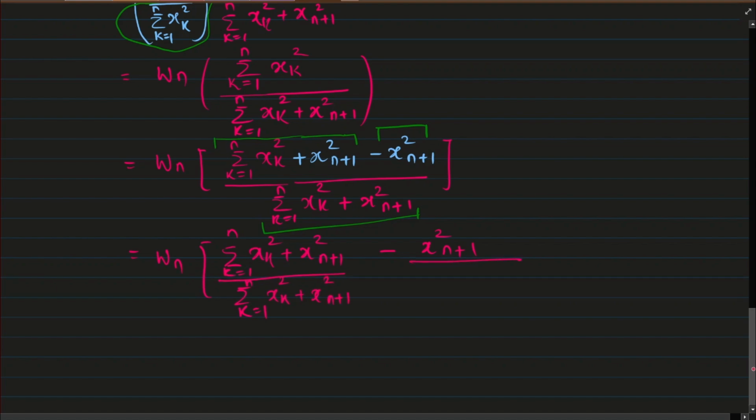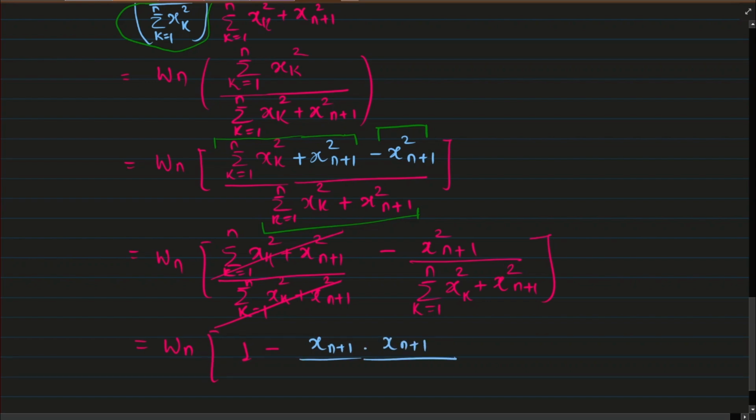And here also the denominator is going to be the same. And as you can see, these two are just the same. So pretty neat so far. So this first term becomes 1, and I'll do one more manipulation here. I will write this x square as x n plus 1 multiplied by x n plus 1, and then divided by the same denominator.